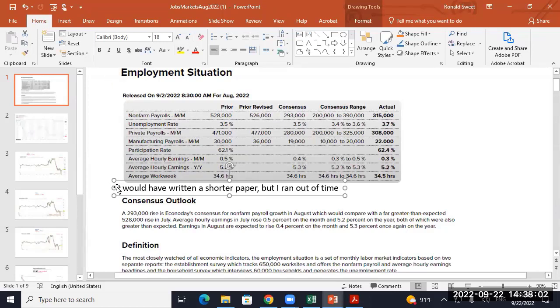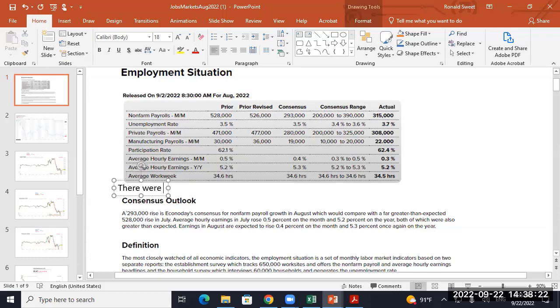So if you look at something like this, how many sentences is it going to take you to do this first line? How many sentences should it take you? Could you do it in one?